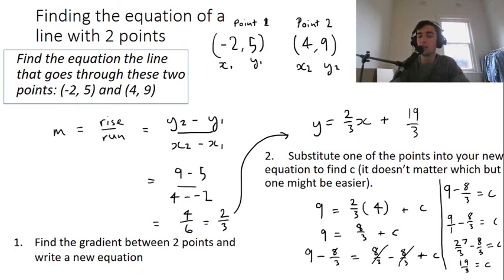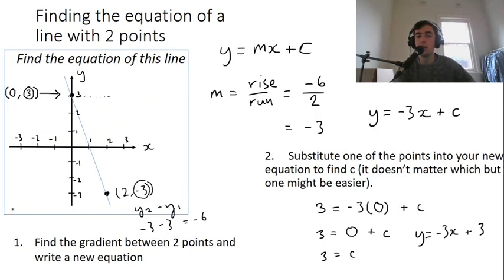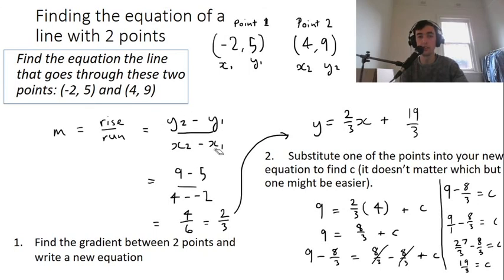All right, so let's just recap. Did we meet the success criteria? Can we find the equation of a line going through 2 points? And now, if you know how to do these 2 steps, that means you know how to do it. So first of all, find the gradient between 2 points, whether that's using the graph or using this equation.